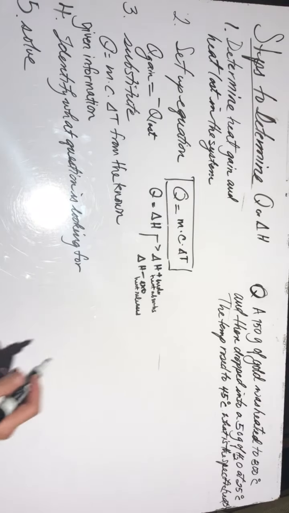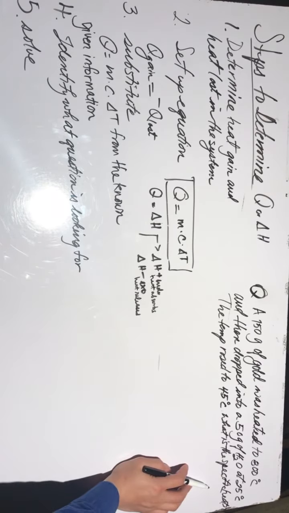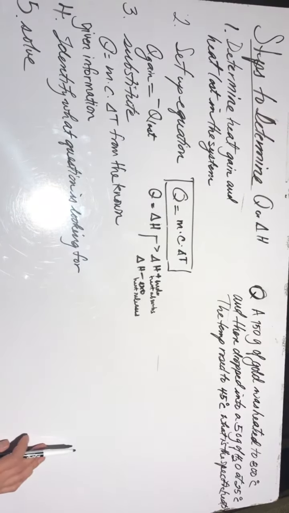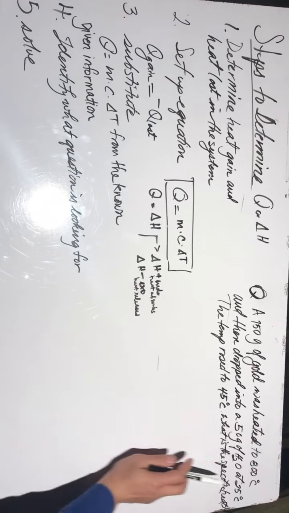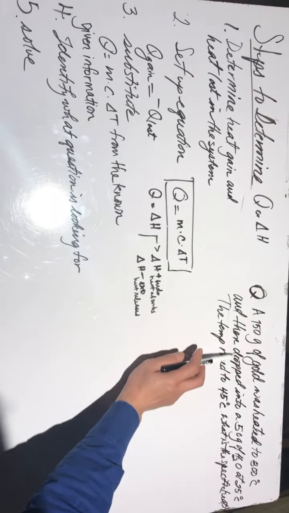So for this one, I'm just going to tell you what's given. Gold heated to 300 Celsius, which means the temperature of the gold at the very beginning is 300 Celsius, and then it's dropped into the water.